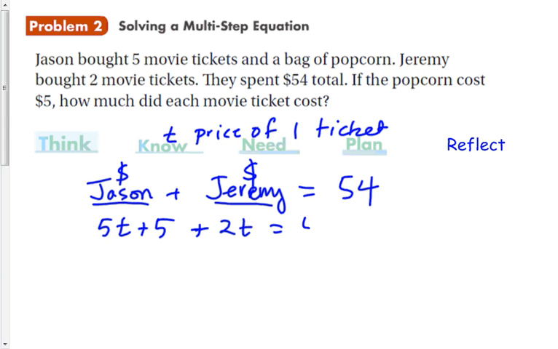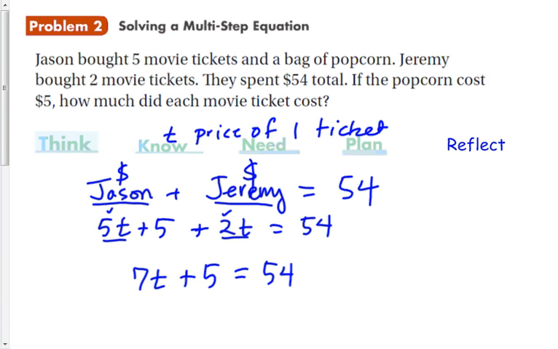And the total is 54. And now we have like terms. I'm not going to show the commutative property here, but just know that if you have the same variable, you can just combine the coefficients, the 5 and the 2, to make 7T plus 5, and that totally makes sense here because together they bought 7 tickets.